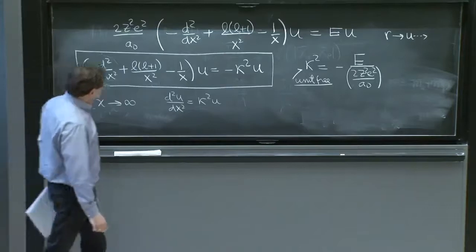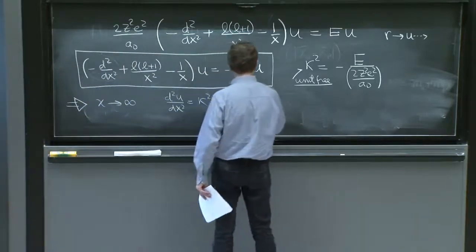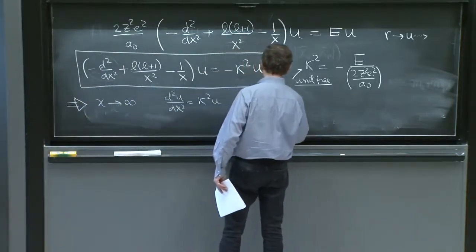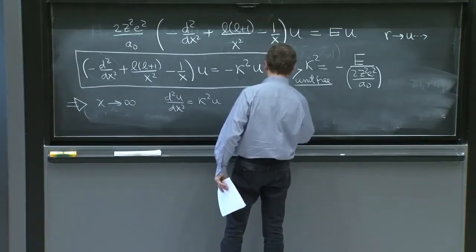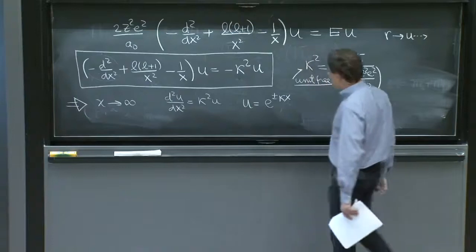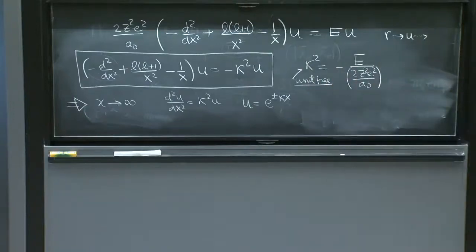So this suggests that u goes like e to the plus minus kappa x. So exponential behavior, e to the plus minus kappa x. Ideally, of course, for our solutions, we would like the minus one, but we will see what the equations do.